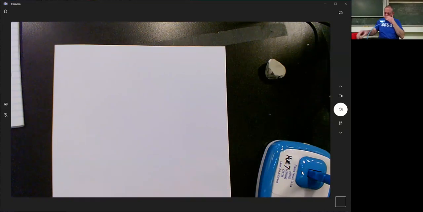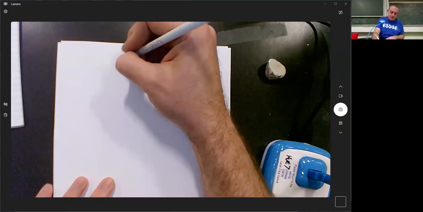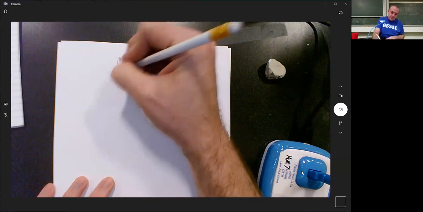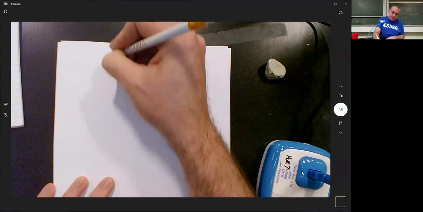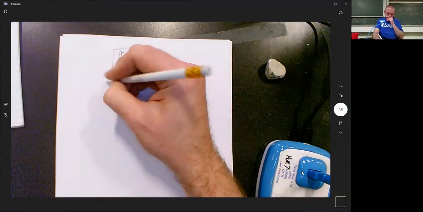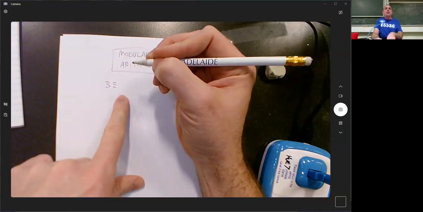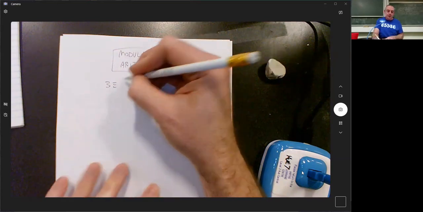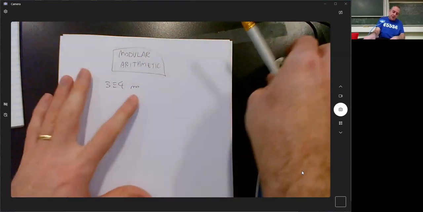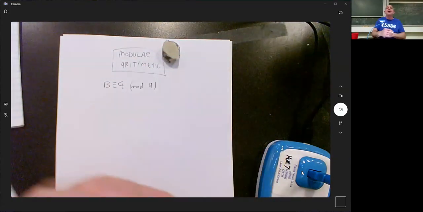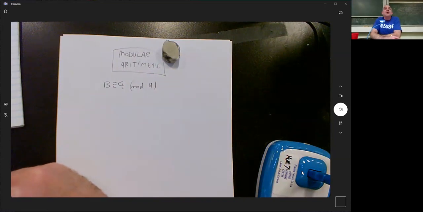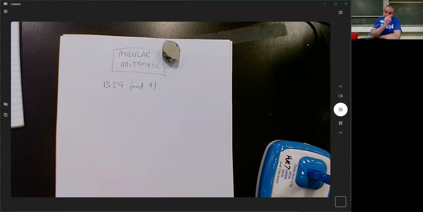So when you do modular arithmetic and you do things like 13 is equivalent to 4 mod 9, for example, you're setting up an equivalence relation there, so that the number 13 is considered to be the same as the number 4.